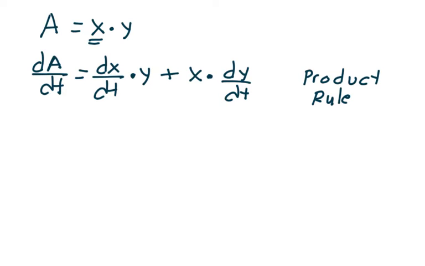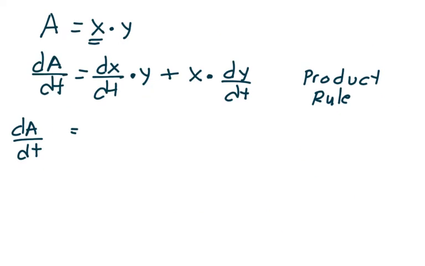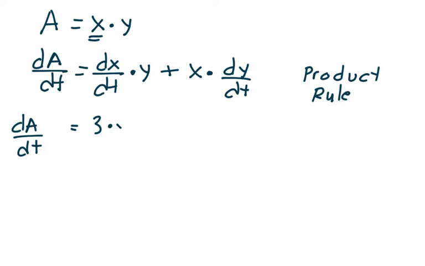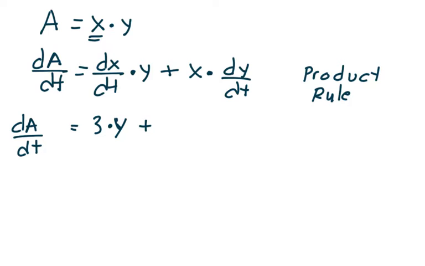Now, let's go back. dx/dt is 3, so I'm going to put a 3 there. So this is 3 times y. And then dy/dt is 8, so I'm going to put 8 times x.